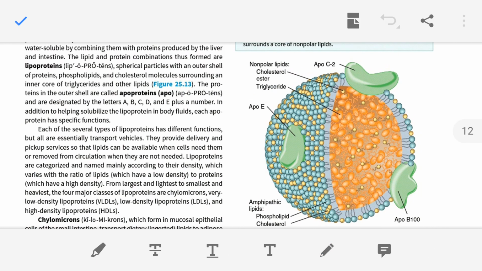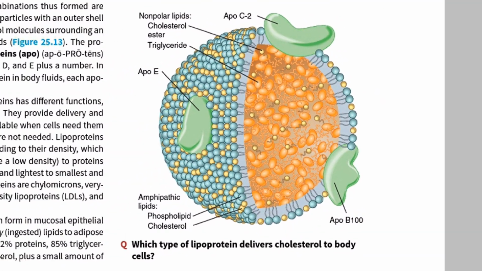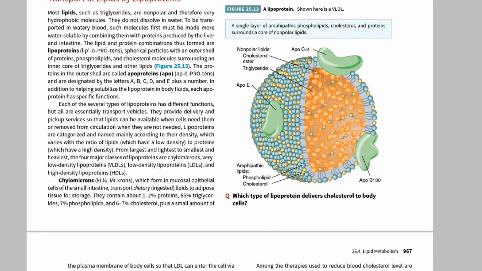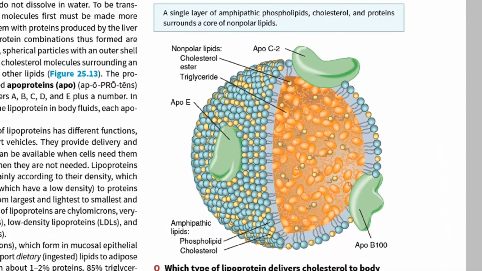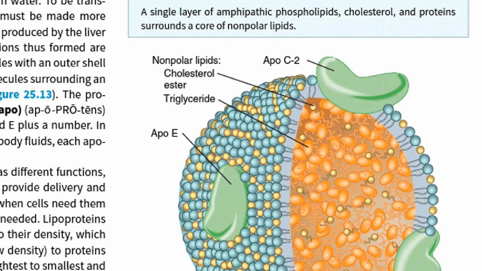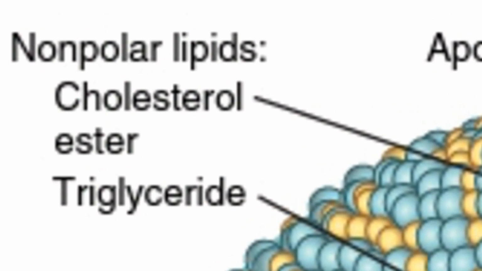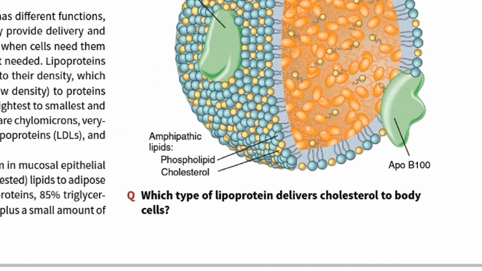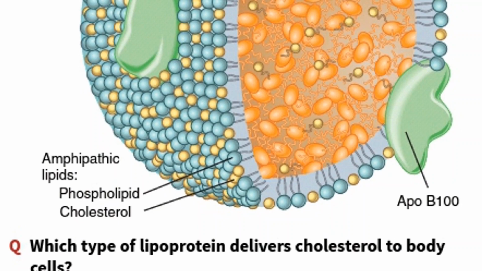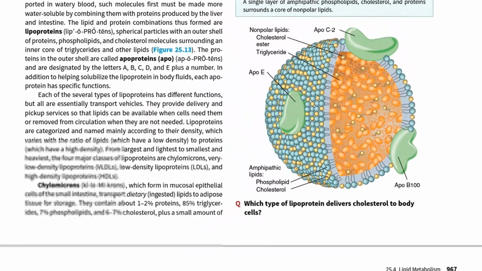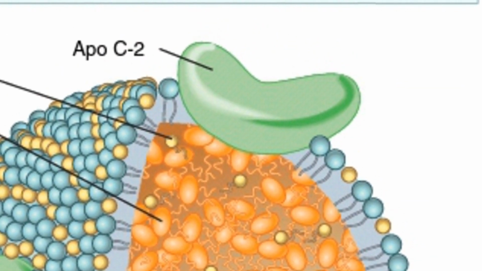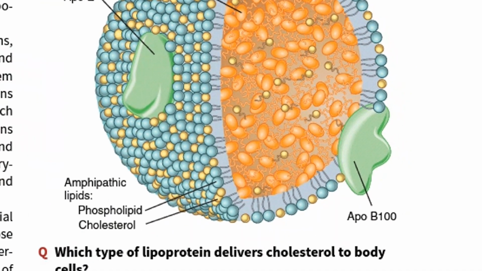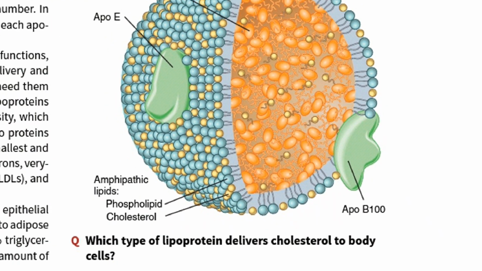For example, you see this is the lipoprotein or the chylomicron, and in the figure you see inside, cholesterol ester is present, then inside triglycerides are present, then on the surface of the chylomicron phospholipid and cholesterol are there, then surface proteins, apoprotein: apoC2, apoE, and ApoB 100, these are all proteins.